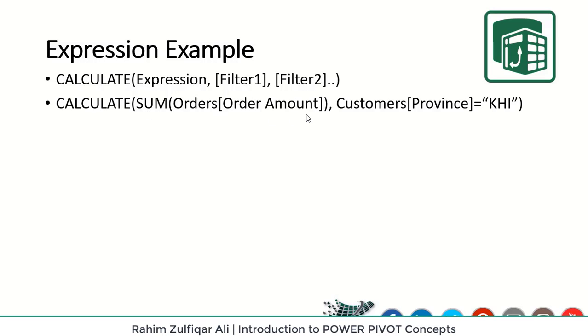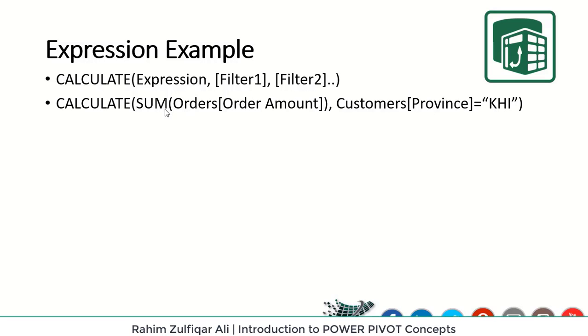For this first part, let me explain what we want. We want the sum of the order amount column from the orders table, but on a condition. What is the condition? We have defined it in the filters function argument. We want the customers table, in which we have a column province, and the province should be equal to KHI, which is Karachi.